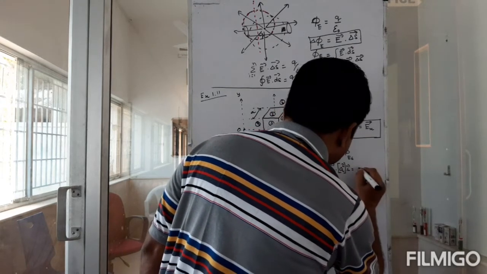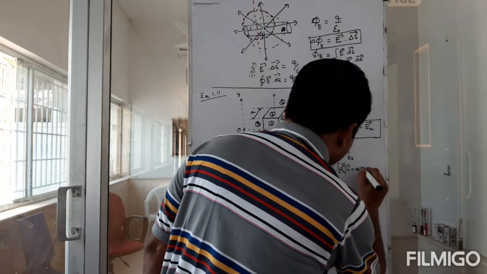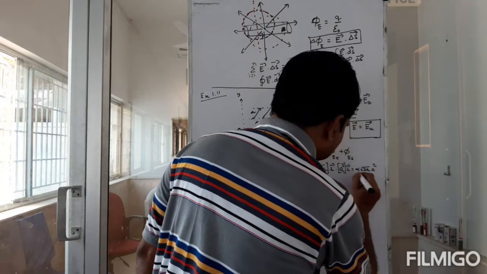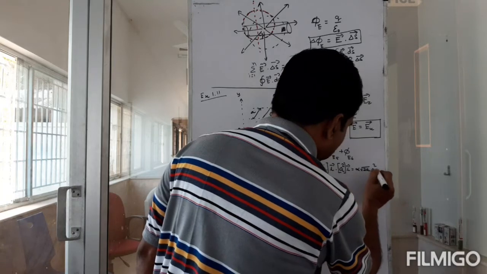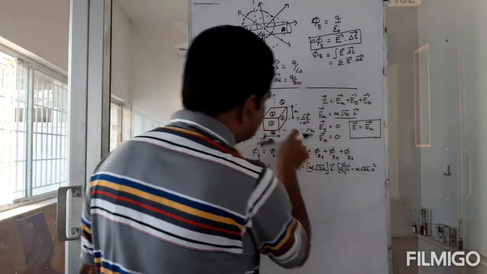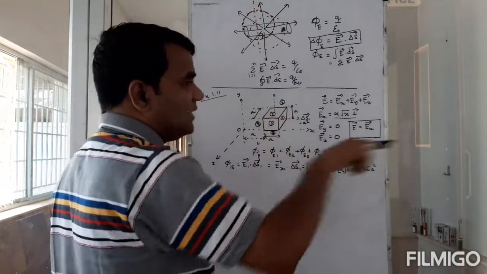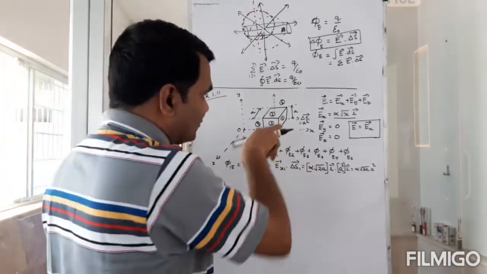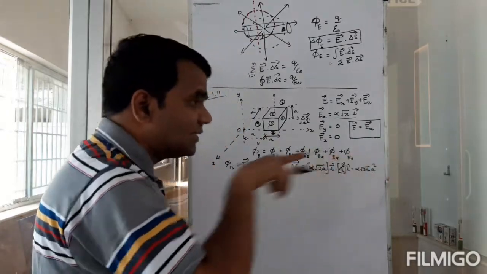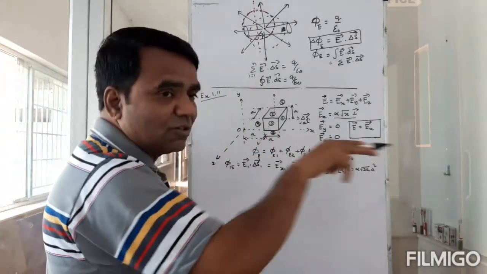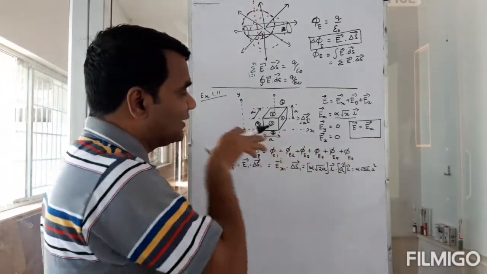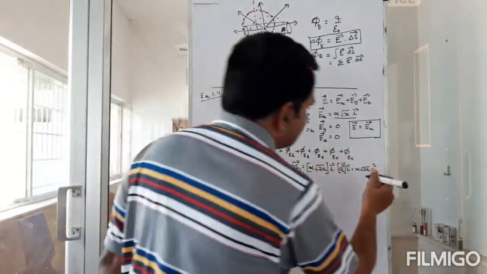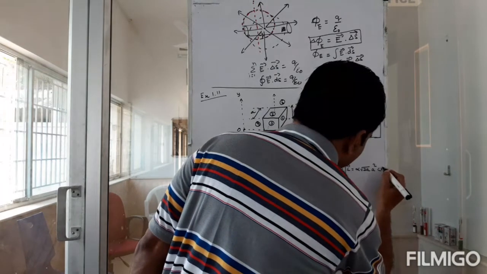AB cos theta is simply alpha into root 2a into a squared into cos theta. Theta is 0 because the delta S is in this direction, E is also in this direction, so they are parallel to each other, so the angle between the two vectors is 0, so cos theta is 1, so that's what I get.